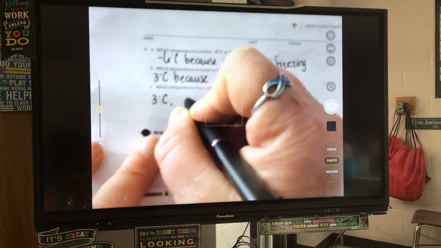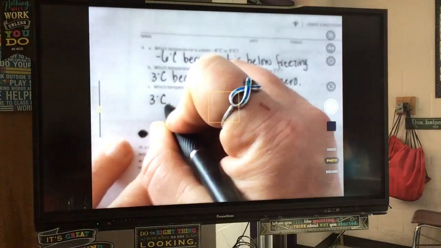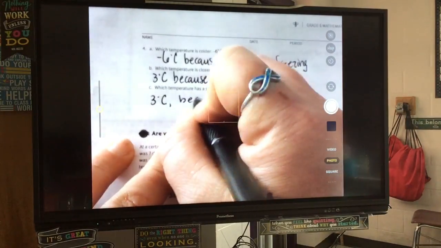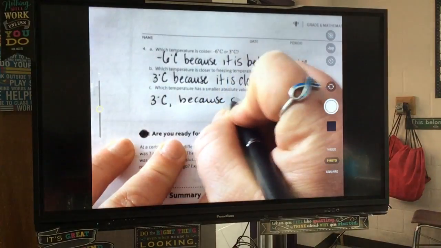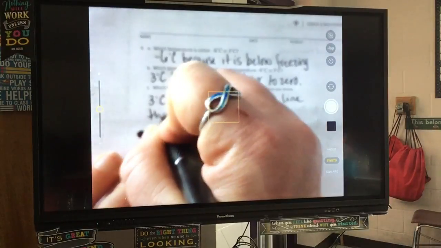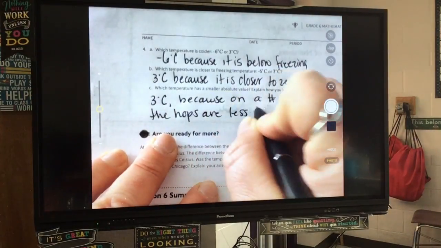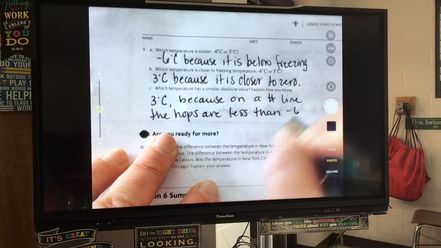So you said you used a number line and the hops were less than negative 6? Okay, number 3, because on a number line, the hops are less than negative 6 to what?